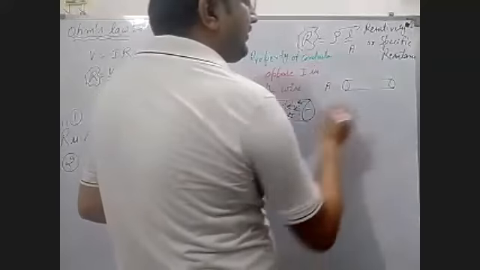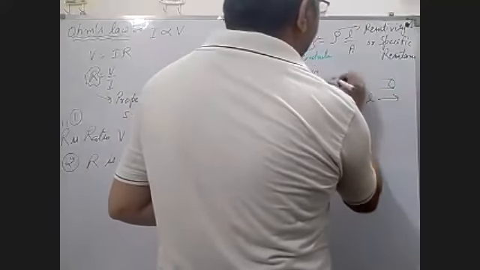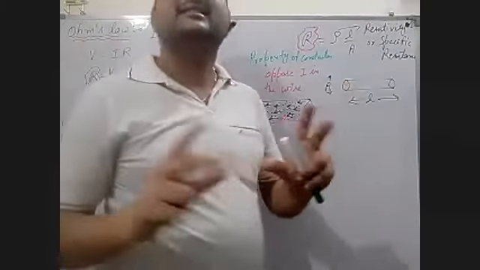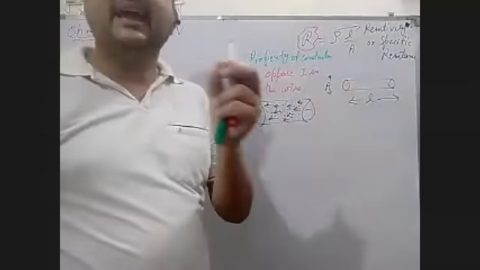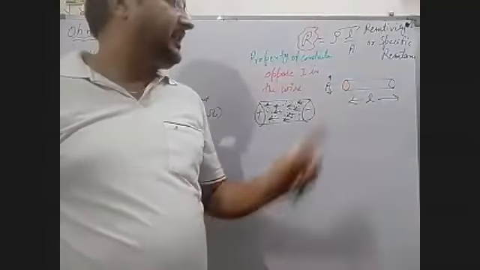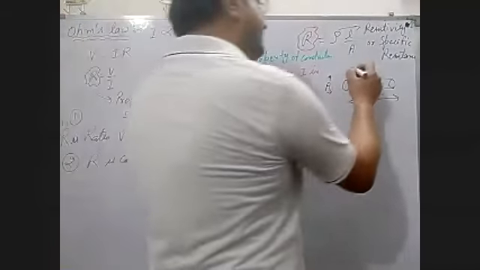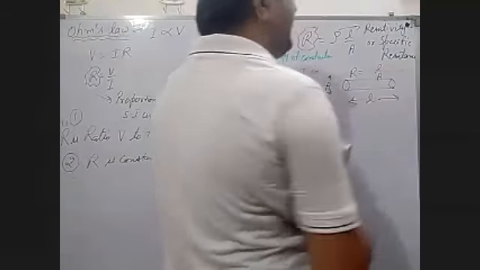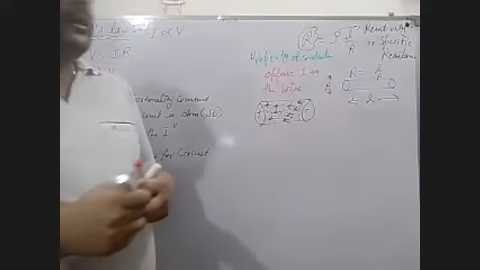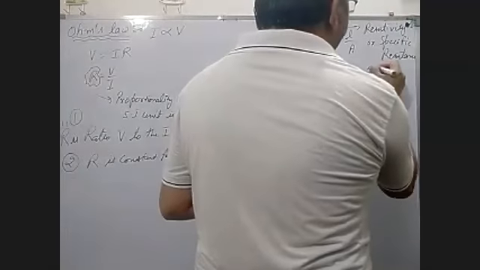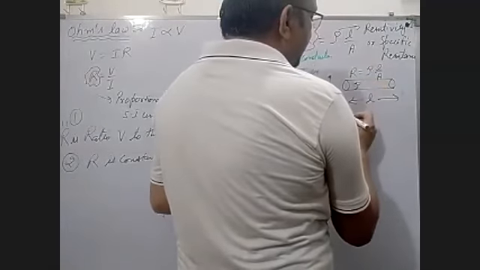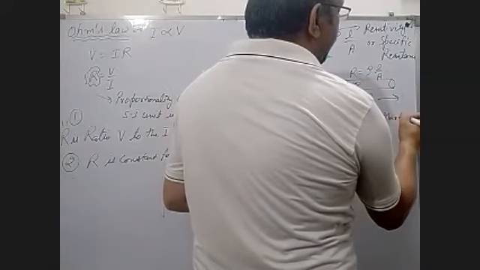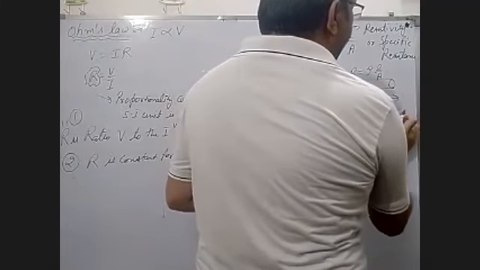A is its area of cross section and L is its length. If anything has length and area, meaning size, then it will have resistance. But resistance does not depend only on the L upon A ratio. One more thing is resistivity, the nature of the material. It depends on the nature of the material.